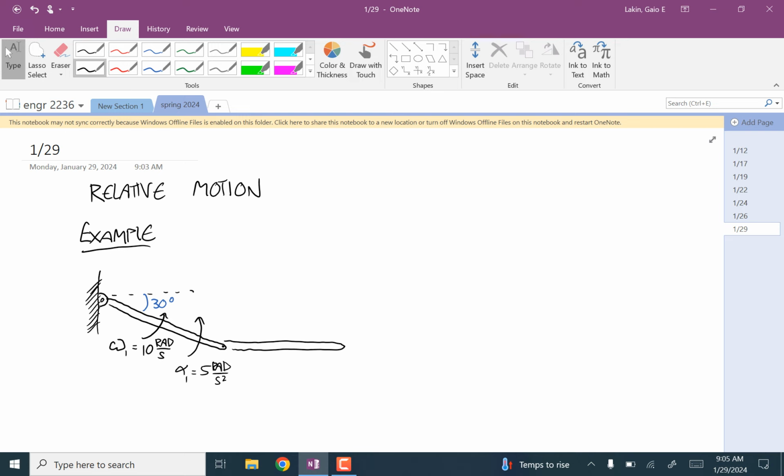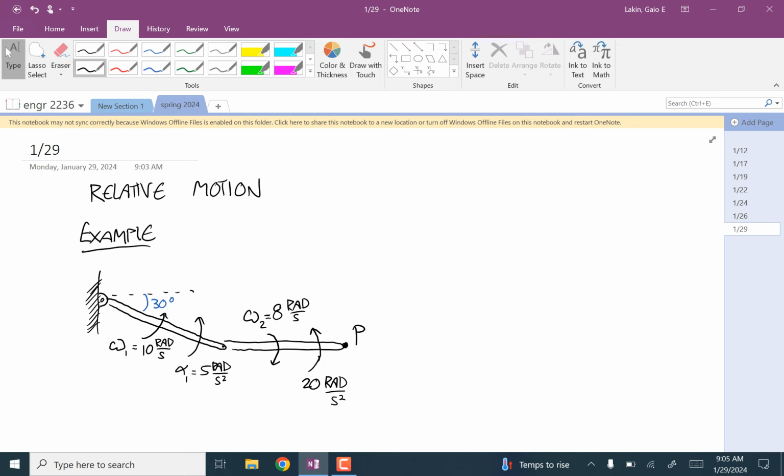And then for the second body, we had an angular velocity of 8 radians per second and an angular acceleration in the opposite direction of 20 radians per second squared. And we're trying to calculate the acceleration of this point here.